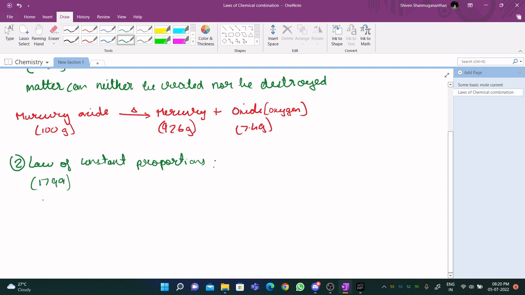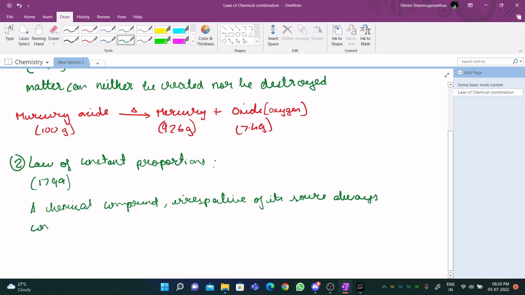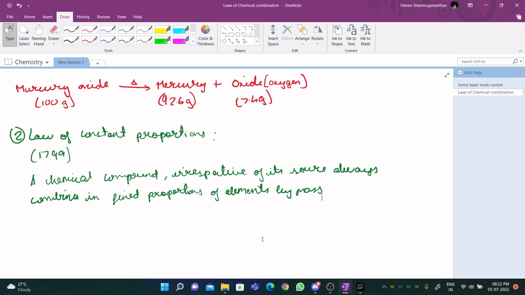What this law says is a chemical compound, irrespective of its source, always combines in fixed proportions of its elements by mass. Fine. Okay, so as an example, let's take CO2 here.